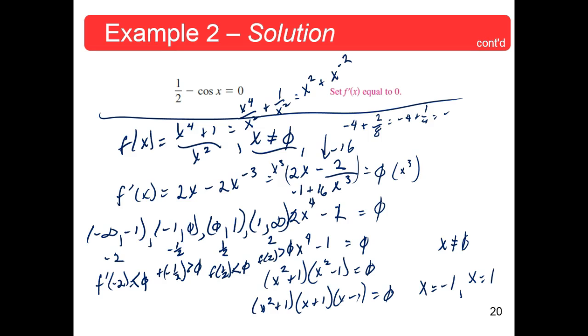Now, what about f of 1? What is the value there? F of 1. Pretty easy, isn't it? Are you plugging into the derivative or the original function?